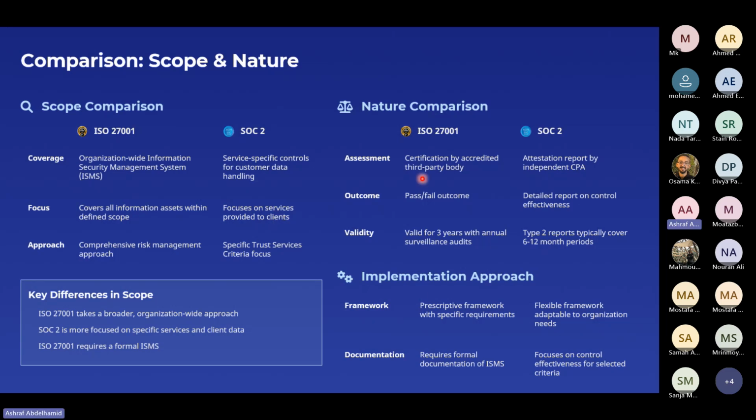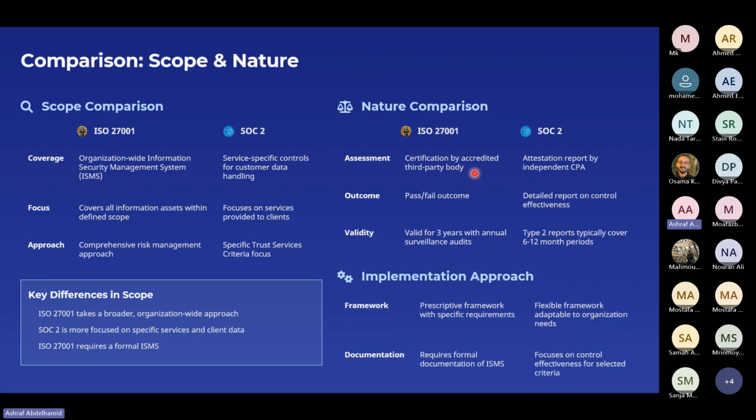What is also very important when we look at that comparison between 27001 and SOC 2 is the assessment. The assessment of ISO 27001 is done by what we call a certification body. A certification body is an organization that is accredited by an accreditation body.